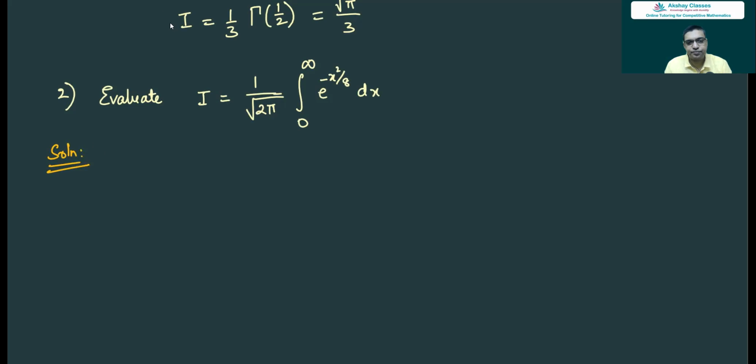So generally, like indefinite integrals, some integrals you cannot evaluate in indefinite integrals, like e power x square or e power minus x square. So far, with advancement of mathematics, we have not found an indefinite integral as a function for these integrals.